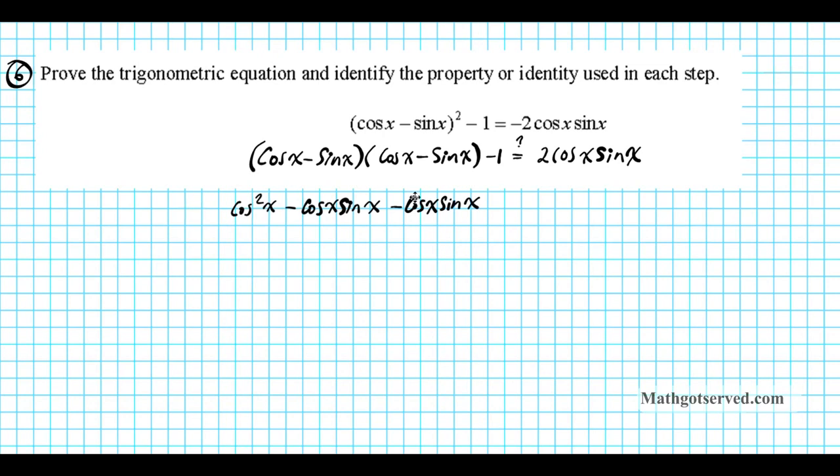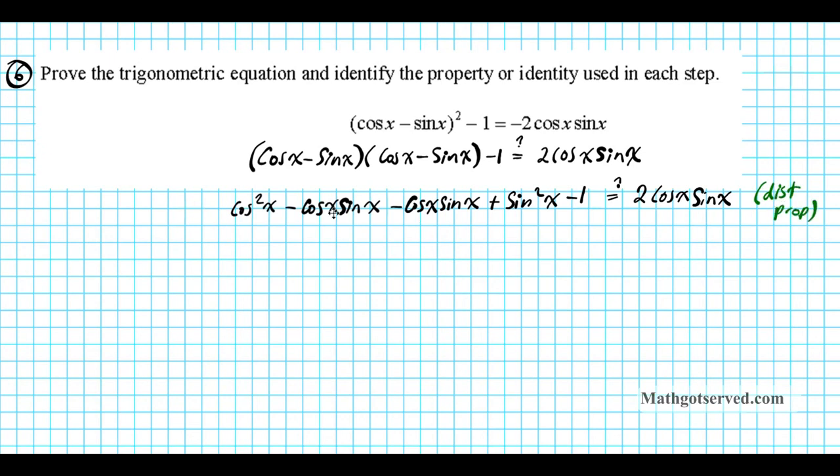Okay, so that's inner, and then last will be minus times minus plus sine square x minus 1. Is it equal to 2 cosine x sine x? Alright, this right here is a distributive property that we just applied, so we can put it right here, distributive property.